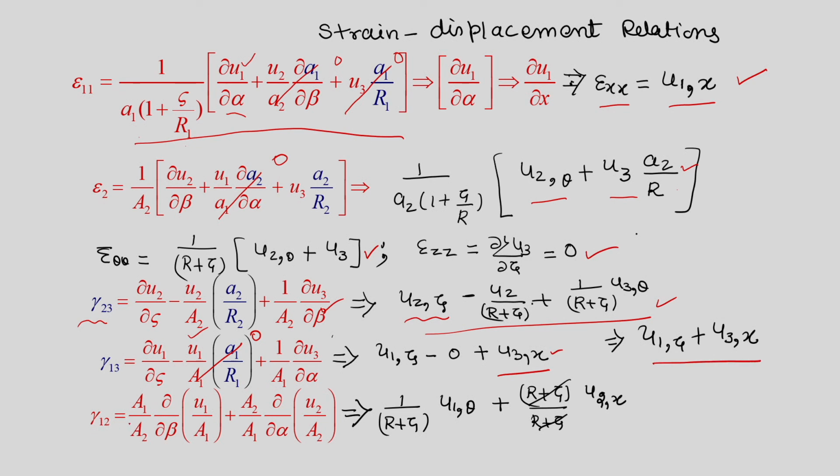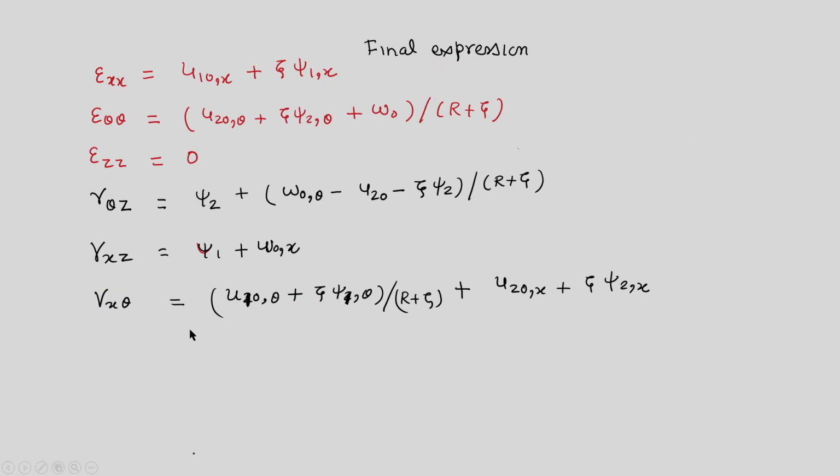And gamma 12 is u1 by a1, so it is u1 comma theta, and u2 by a2, so basically R plus zeta, which is not a function of x, and here R plus zeta will cancel out, it becomes u2 comma x. So finally, the non-zero strain components for the present case are written here.